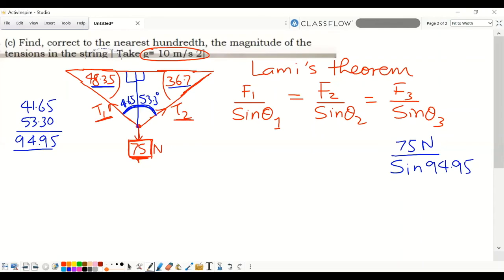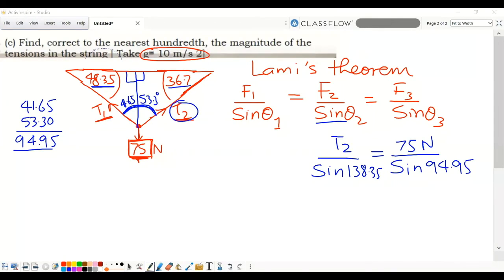Okay? So F3 is 75 newtons, and the angle is sine 94.95. Now we want F2. Let's use this one. So T2 is F2 divided by sine, and now the angle. This is T2. The angle will be this one. Correct? We know this is 41.65. So what will we do? We will subtract this from 180 and we will get the angle opposite to T2. So 180 minus 41.65 will be 138.35.